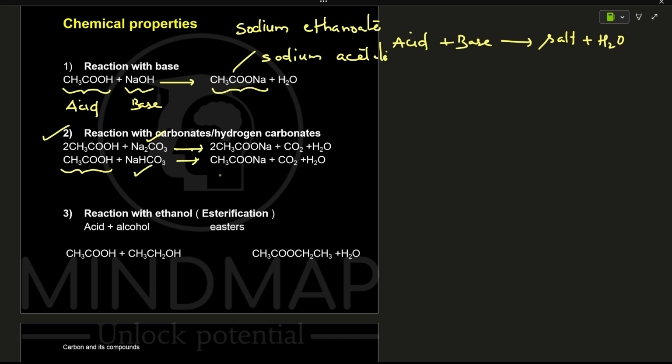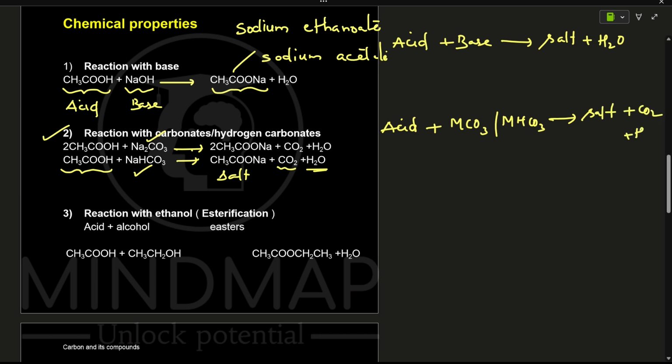Again, we are getting a salt. है ना, salt मिल रहा है, कार्बन डाइऑक्साइड रिलीज हो रही है एंड वाटर रिलीज हो रहा है. तो यहाँ पर भी वी नो दैट व्हेनेवर एन एसिड रिएक्ट्स विद अ मेटल कार्बोनेट और मेटल हाइड्रोजन कार्बोनेट, करेक्ट? सो व्हाट वी यूज टू गेट? सॉल्ट, कार्बन डाइऑक्साइड एंड वाटर.